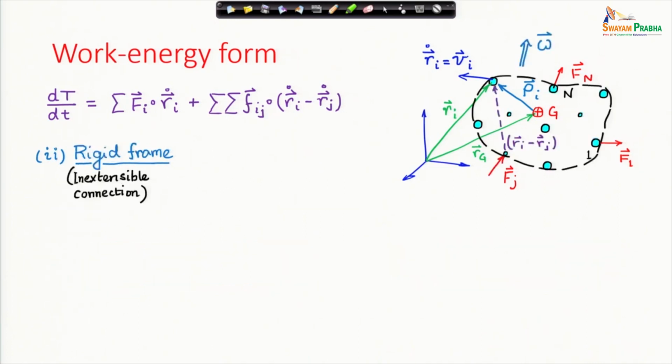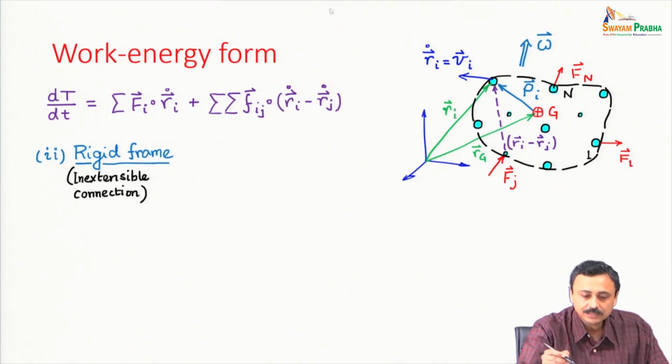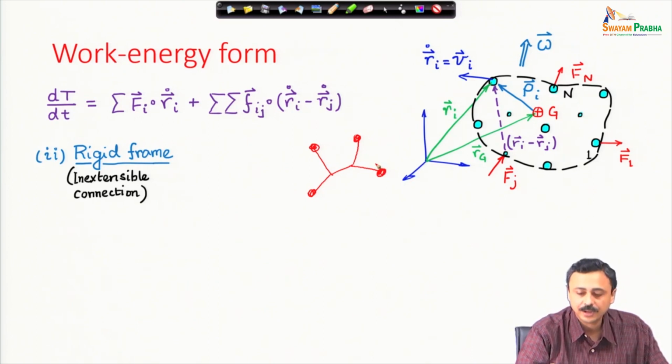We look at a second situation in which we consider a rigid frame, which means that these particles are connected. So, this is one particle and they are all interconnected by a rigid light frame.